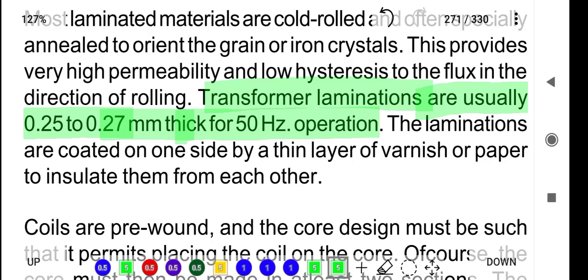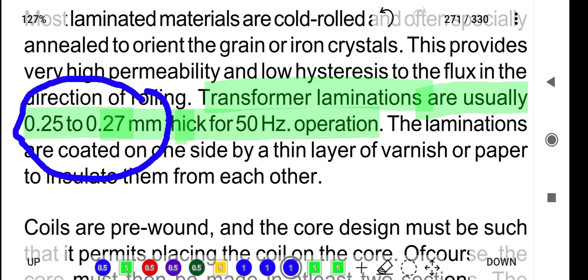Here 2 points are important. In the exam the question will ask what is the thickness of lamination in transformer core. The answer is 0.25 mm to 0.27 mm.